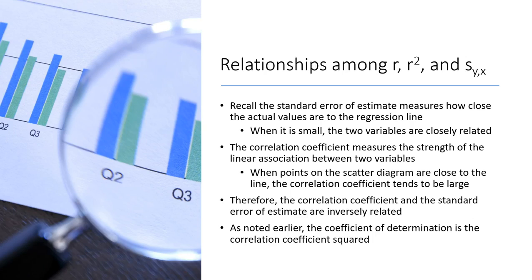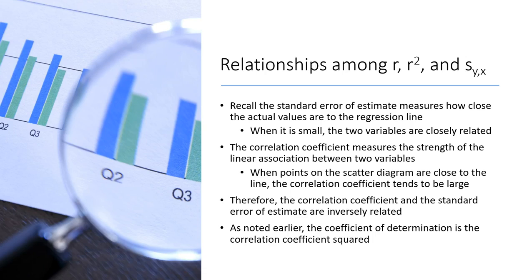And so the relationship between our correlation coefficient, our coefficient of determination, and our standard error, they all kind of go together. So our correlation coefficient gets squared to become our coefficient of determination. We got that. But also, when we look at our standard error, remember that estimates how close the actual values are to our regression line. So we actually want the standard error value to be very low. And then the correlation coefficient measures the strength of the linear relationship between our two variables.